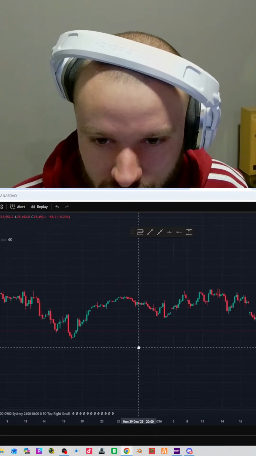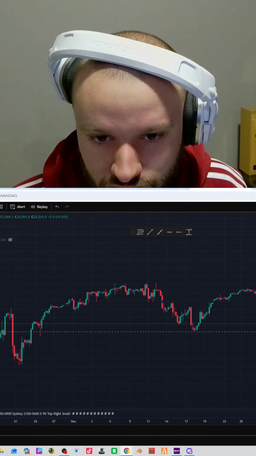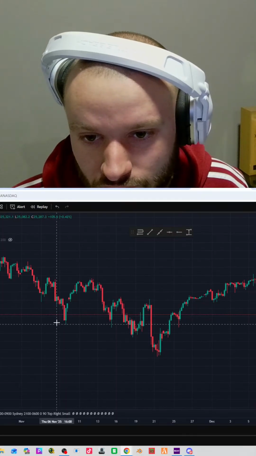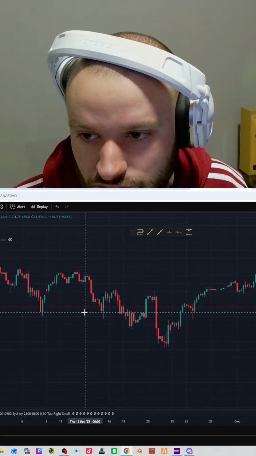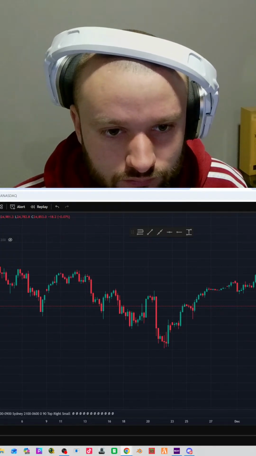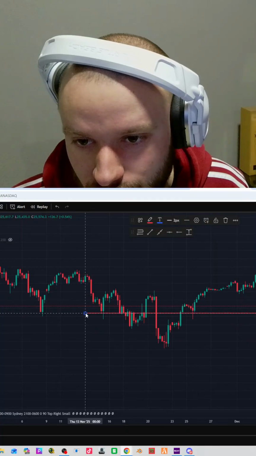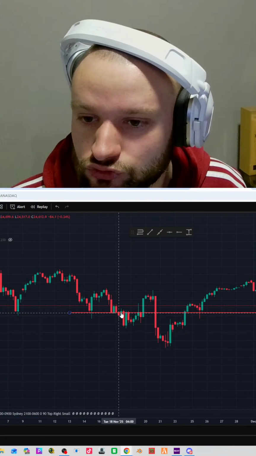But let's try to find a liquidity sweep here. Let's try this. Here's like a liquidity sweep. Broke structure below.